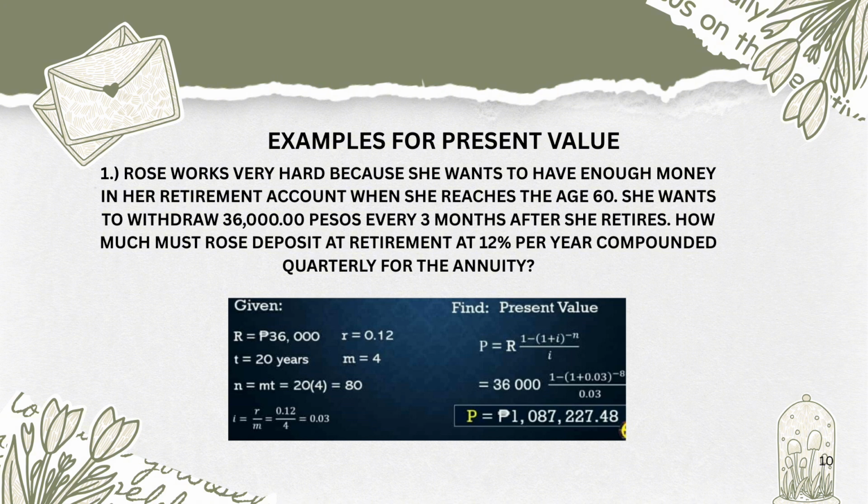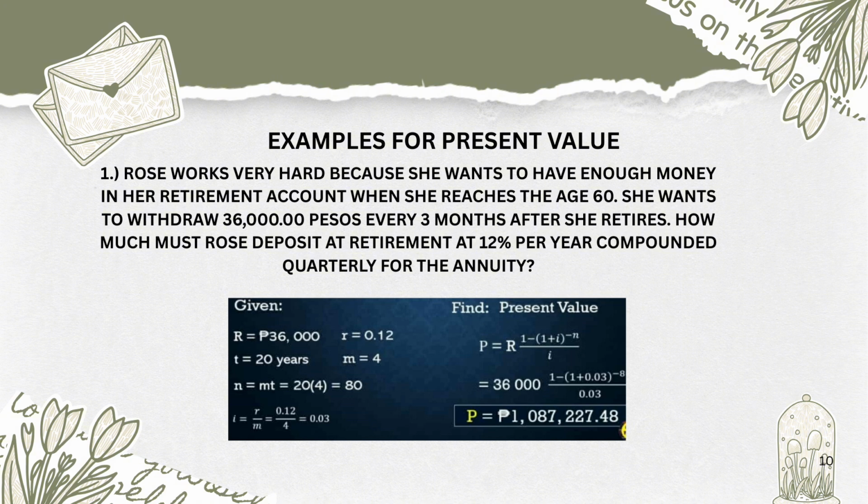So the given is R equals 36,000 pesos, r equals 0.12 per year, m equals 4 compounded quarterly, t equals 20 years, and n equals m times t, that's 20 times 4 equals 80. i equals r divided by m, 0.12 over 4 equals 0.03 per quarter.